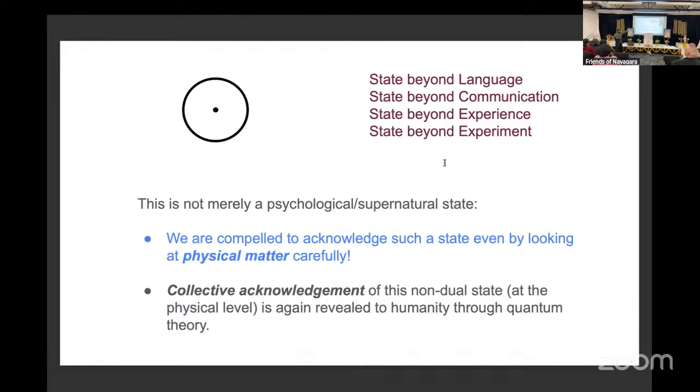You'll never get tenure if you say that. But some collective acknowledgement of this sort of state is again being understood collectively in humanity. Quantum theory is one example where that's happening, right? At least at the physical level, by just looking at systems more and more carefully, you're forced to believe that a state like this is there.